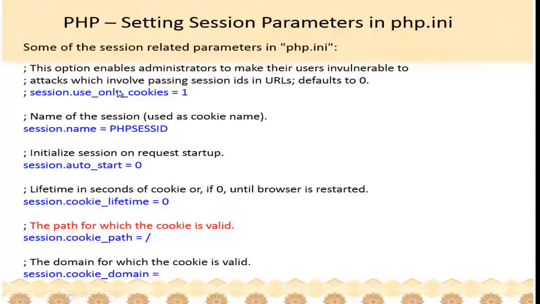You can say that sessions must always use cookies. In this case, if the browser does not accept the cookie, PHP will not be able to track the sessions. The next one is you can change the name that is used by PHP for the cookie.